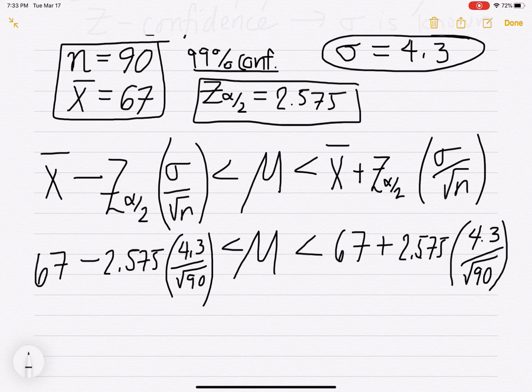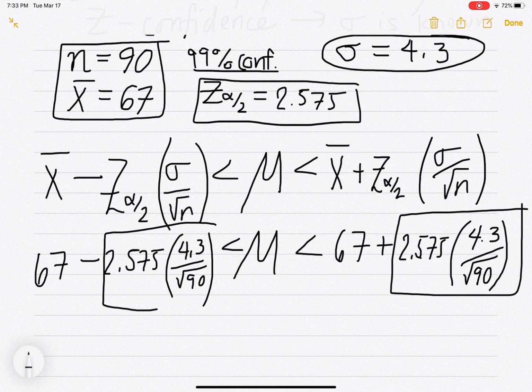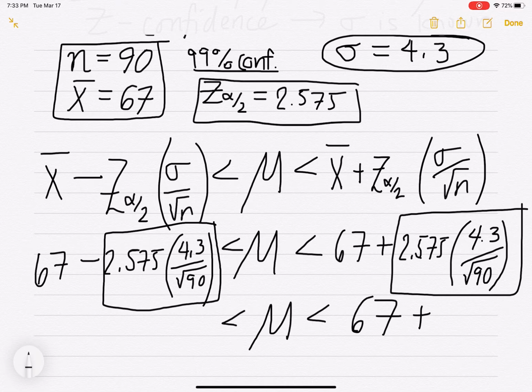So what I have to do, I have to compute this part in the box here, which is the same as this part in the box here. So you want to compute that. Let's write down our mu. Let's write down our 67 plus. Write down our 67 minus. So let's figure out what this box is. So where is my calculator?